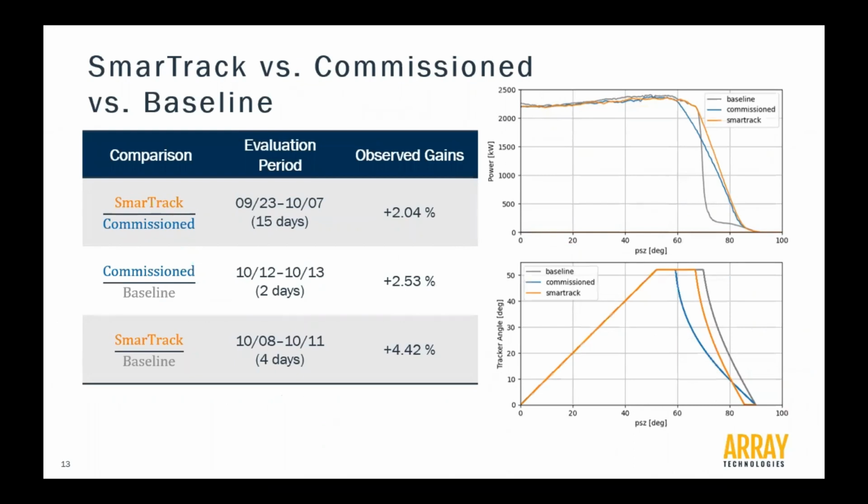The manual tweaks that our commissioning team does also resulted in a 2.53% gain relative to baseline. And then the SmarTrack gain relative to baseline was 4.42%, and that number is in good agreement with the sum of the SmarTrack versus commission and commission versus baseline gains.